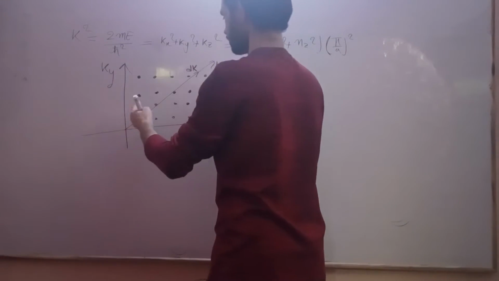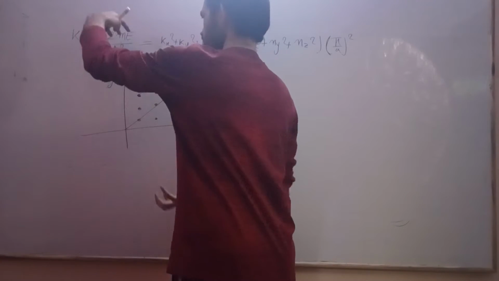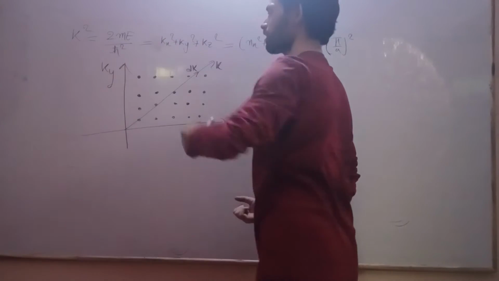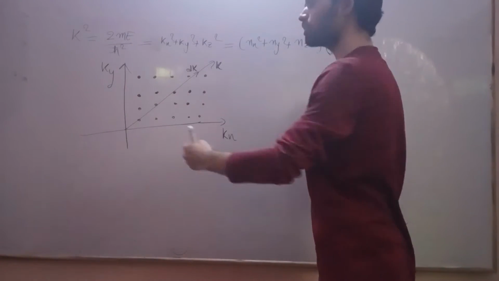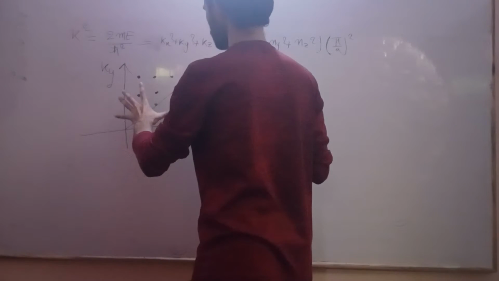Similarly, if this k vector varies, then this two dimensional kx ky space will vary.